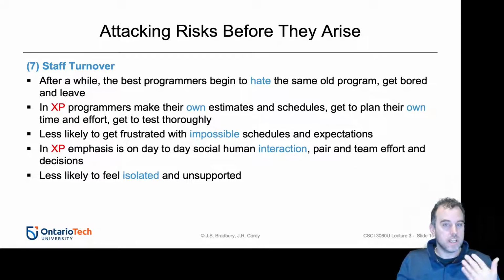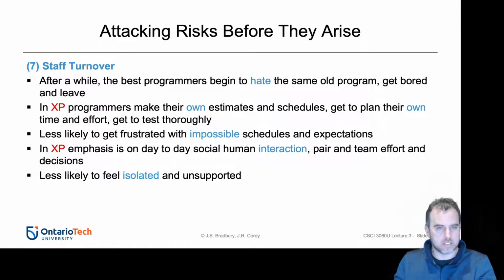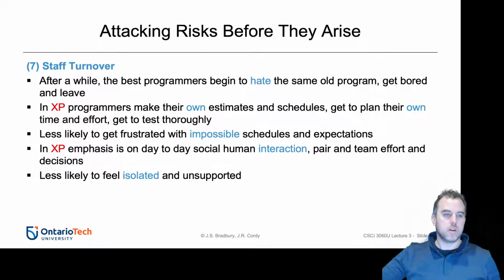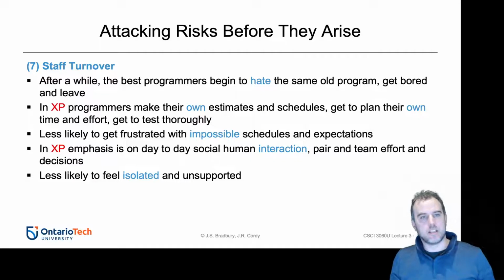So the first thing to mitigate frustration is they have, in XP, the programmers actually do their own estimates and their own schedules for how long things will take. And this is much different than being told you have 3 weeks to implement this or 2 weeks. They go and say, well, it will take 4 weeks to do this. And so they do their own estimates.